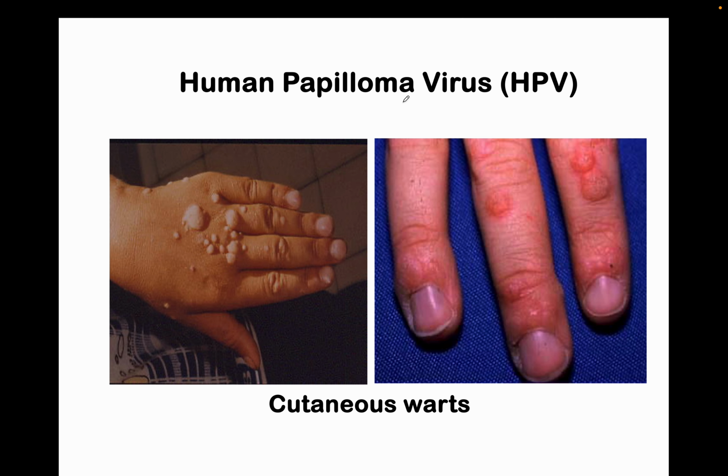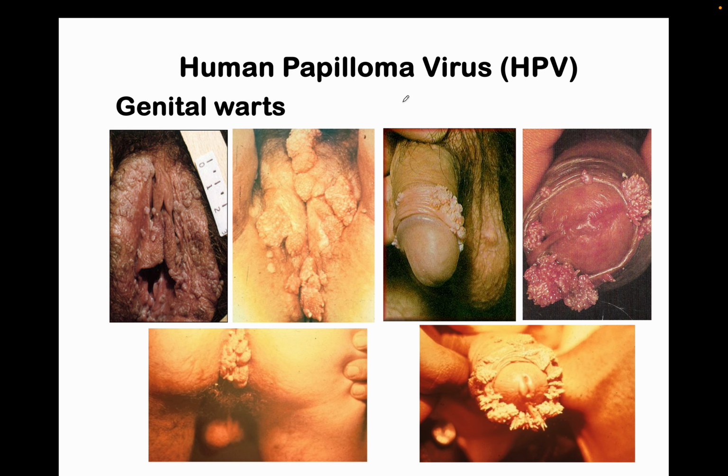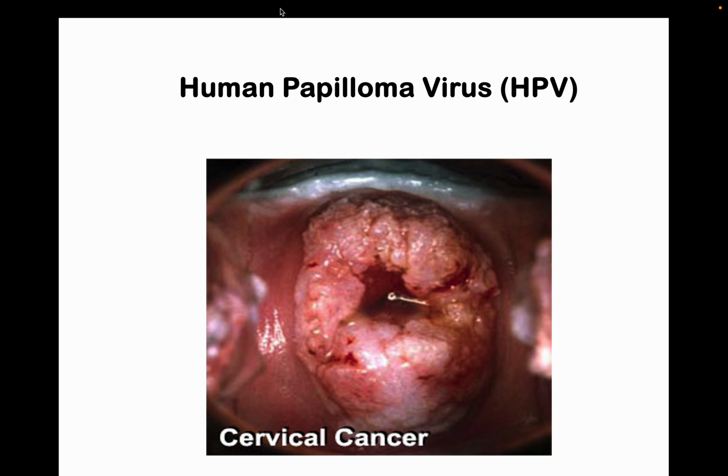And there is already a vaccine for HPV that is available. So here are some more pictures. You can see genital warts on the penis, the penile area, as well as in the anal area. But cervical cancer is the most problematic complication of HPV.